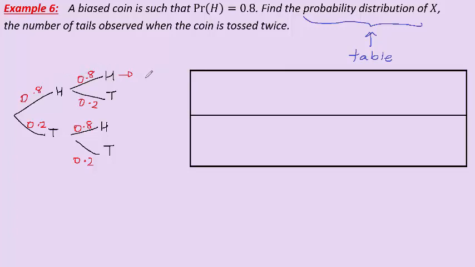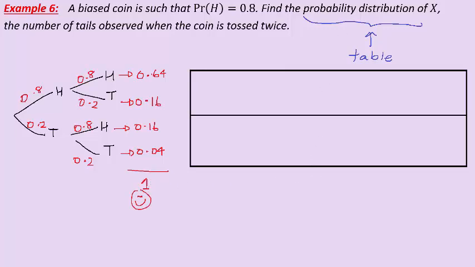My probability is 0.8 times 0.8, which is 0.64. My head, then a tail, the same way, is 0.16. This one will be 0.16, and the bottom one is 0.04. And we should be able to add them up, and they should come to 1, and they do. So there's a smiley face.